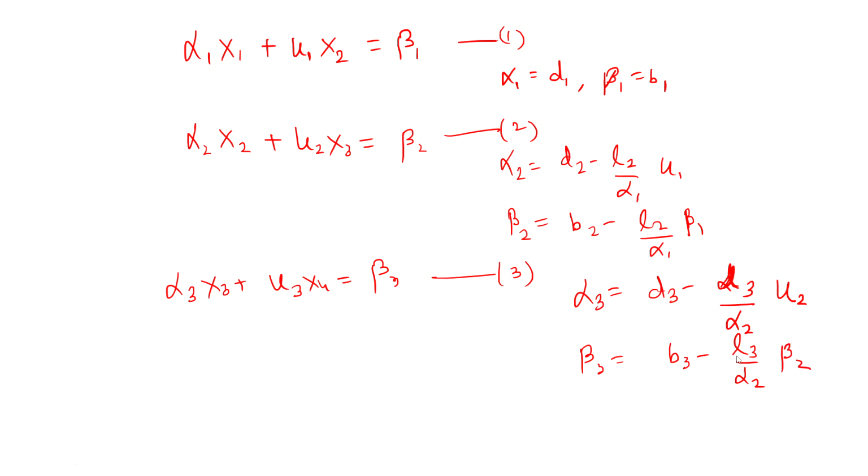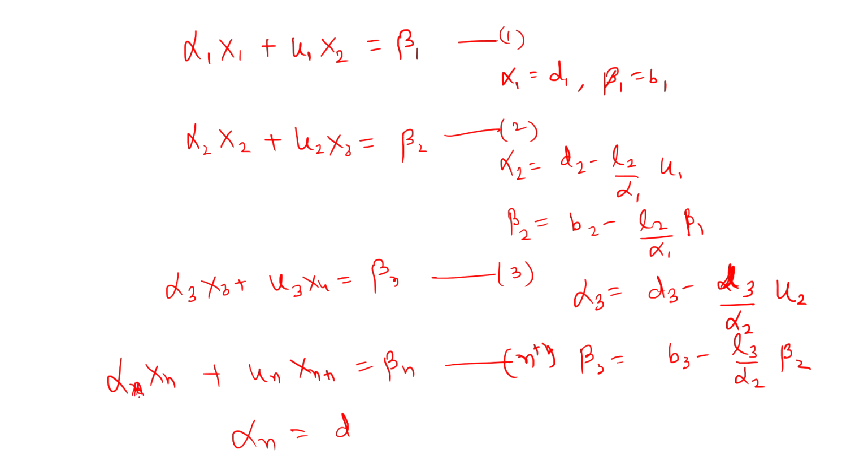So the nth equation will become alpha n xn plus un xn plus 1 is equal to beta n. Or let us write down this as the ith equation.